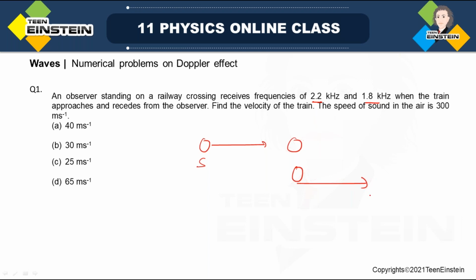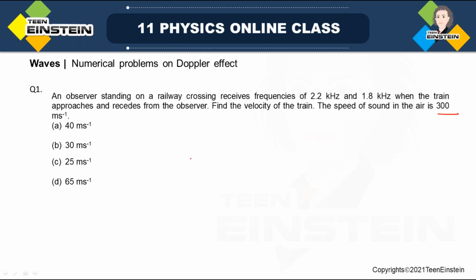So this is the source moving away, this is moving towards the observer, and now this is moving away from the observer. Recedes. All right. So find the velocity of the train. The speed of sound in the air is given as 300 meters per second.